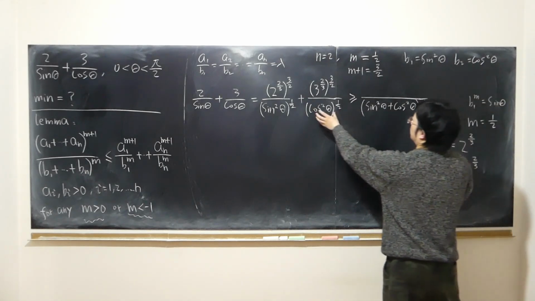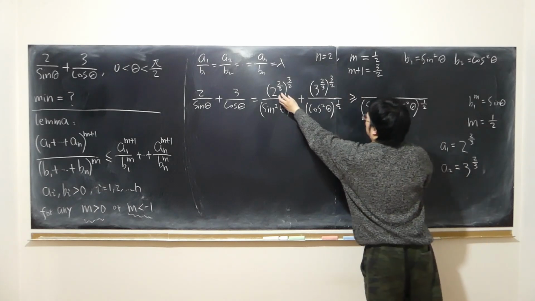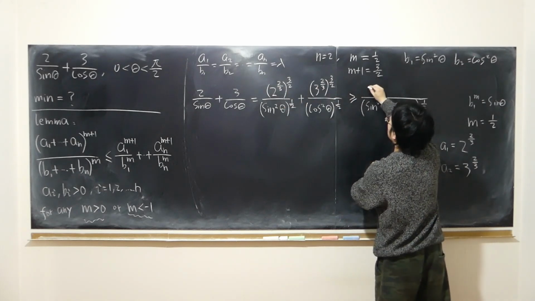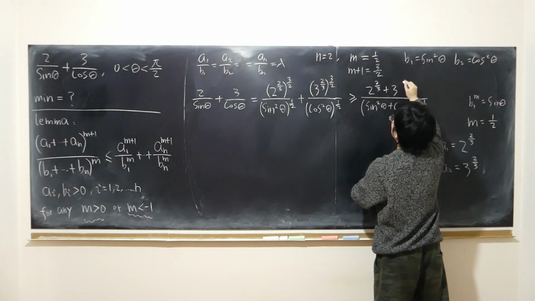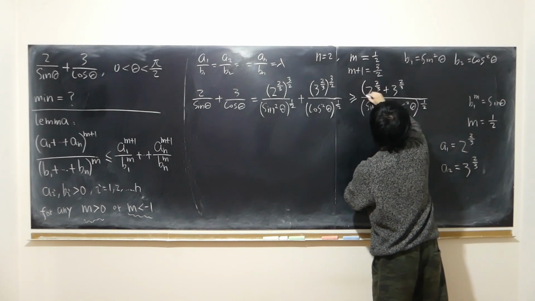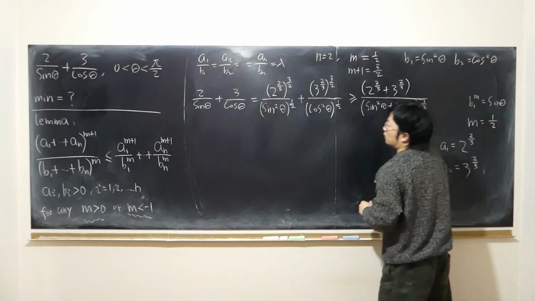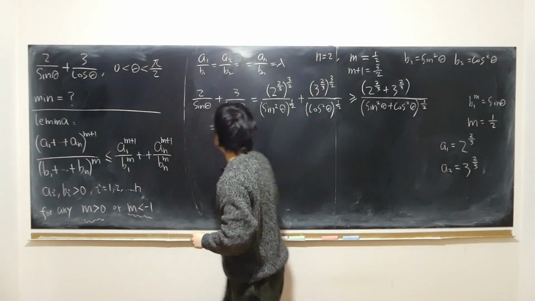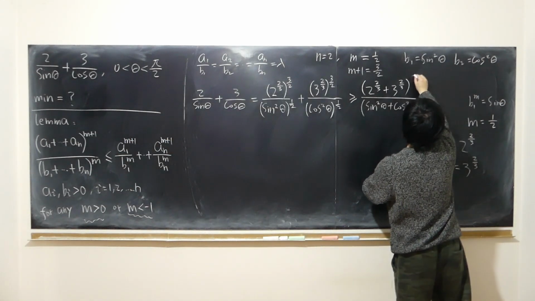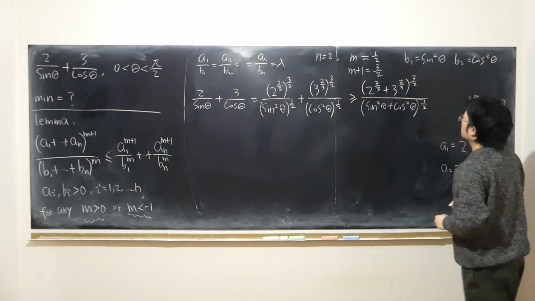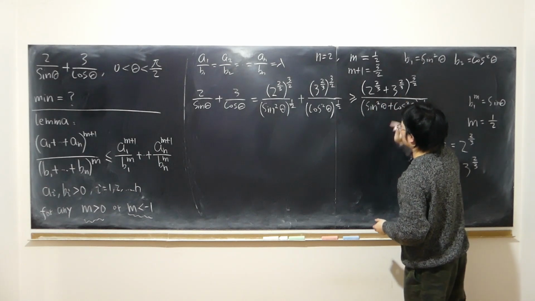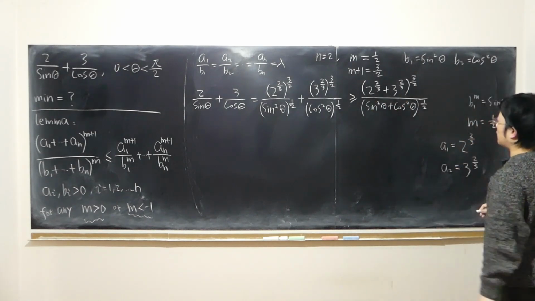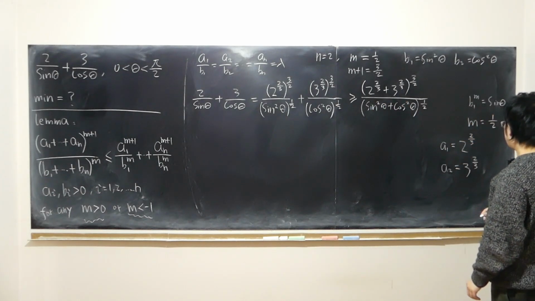So this is greater than or equal to, I just add up the a's, 2 to the 2 over 3 plus 3 to the 2 over 3, then raise to the power of m plus 1, that is 3 over 2. That's some constant, of course. I'm not going to calculate its exact value.